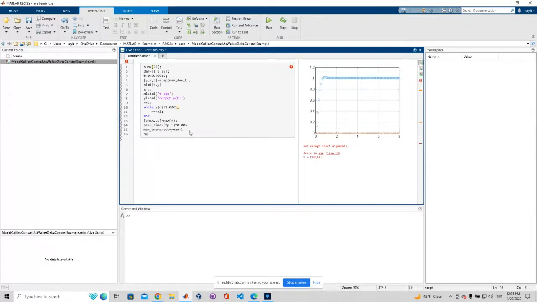Okay, and define our S here. Let's say it's from 0.98 to 1.2.